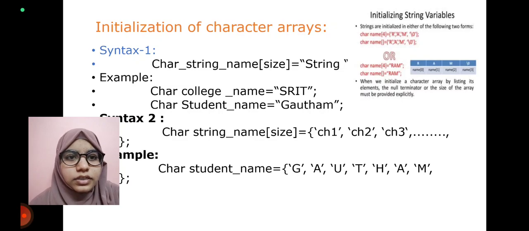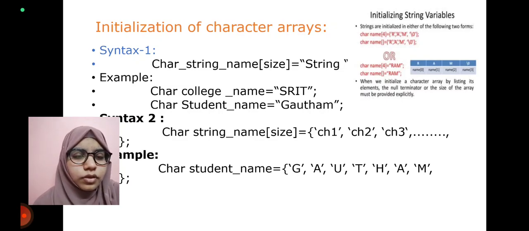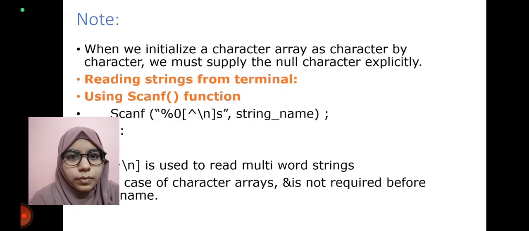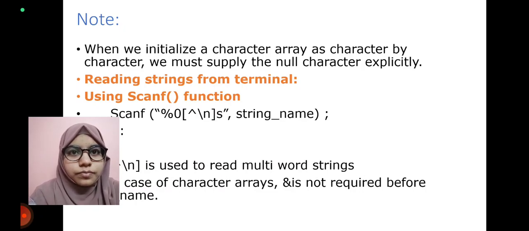Example: char student_name, if we take any student name like Gautam, here characters are represented within single quotes, and at the end '\0', close the braces with semicolon. Note: when we initialize a character array character by character, we must supply the null character explicitly.